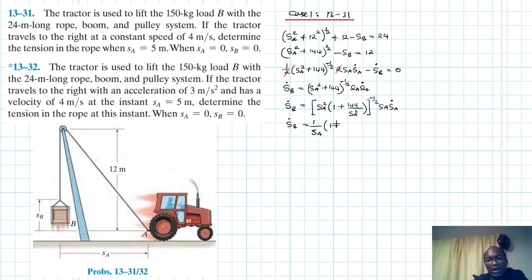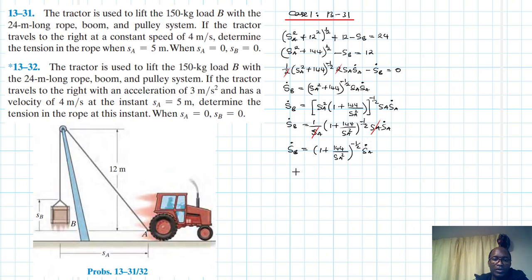Then this becomes plus 144 over SA squared to the power half, SA dot. So this and this go, and what I remain with is SB dot equal to 1 plus 144 divided by SA squared to the power half, then SA dot.